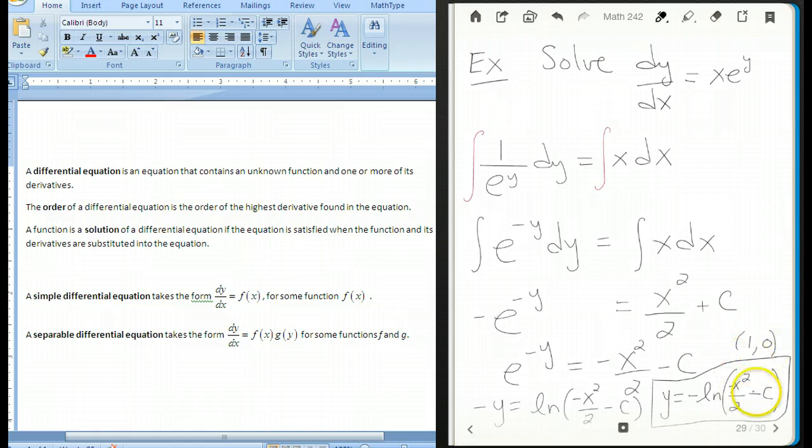Okay, so find the particular solution, meaning find the function with a specific value of c that passes through the point 1, 0. Again, that means replace x with 1, y with 0, and solve for c. That'll give you the particular solution. Good. We will continue with some problems in class.